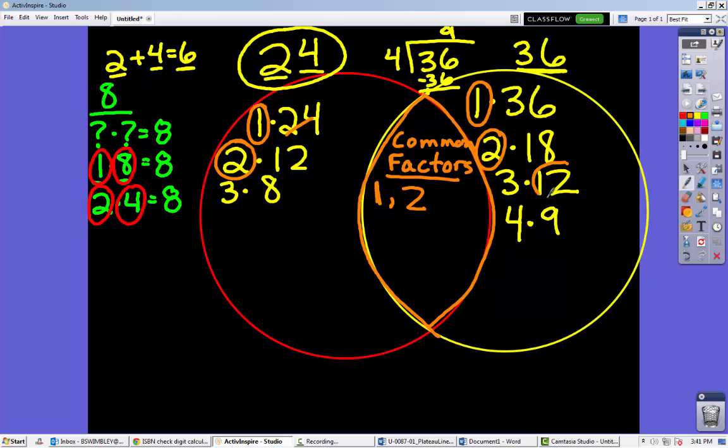Oh, look, right here. I circle them just to keep track for myself. 3, let's see, a 3. Oh, look, it's matched up with that 12 on the other side. So that's going to be a common factor. And 8, I don't see an 8 anywhere, so that's not it. I already crossed out or circled all these numbers, so I know there's not going to be a common factor.